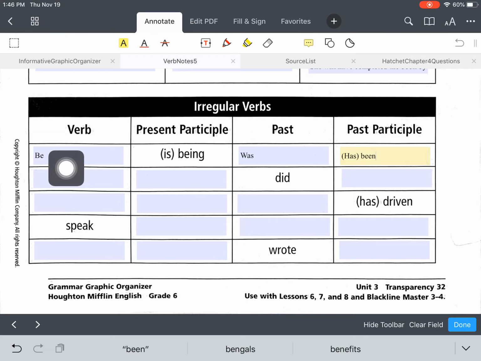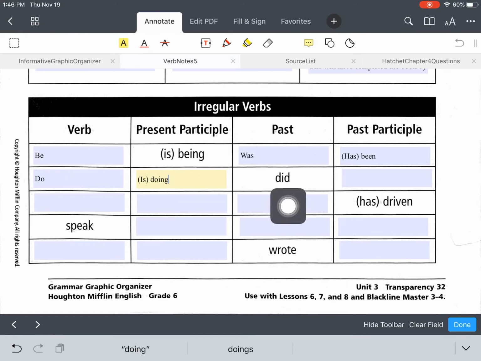Now the next one, they give you the past tense, which is did. So the present tense of did is the verb do. The present participle is where we're going to add is or are, and then ing, so is doing. So she is doing her homework. They are doing their homework.